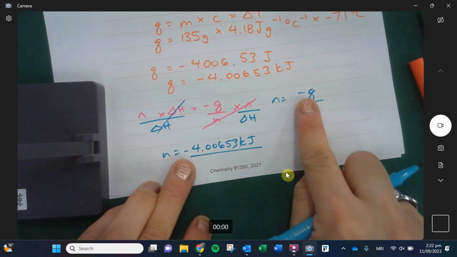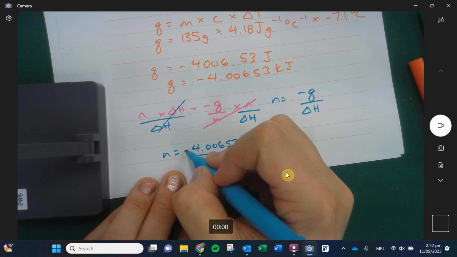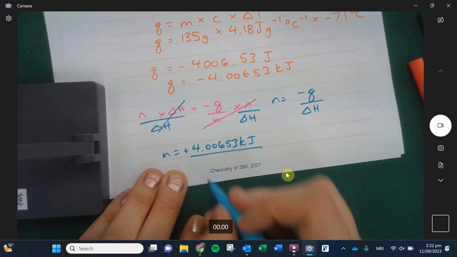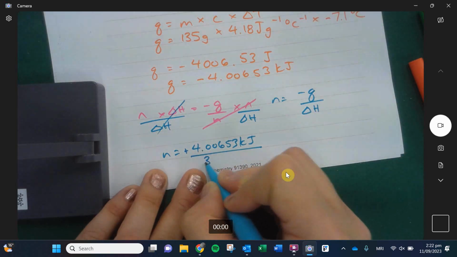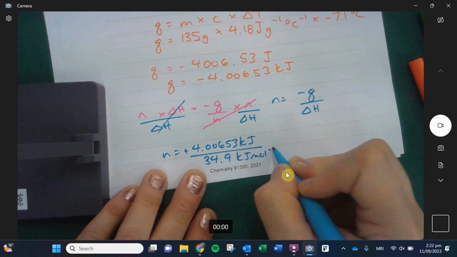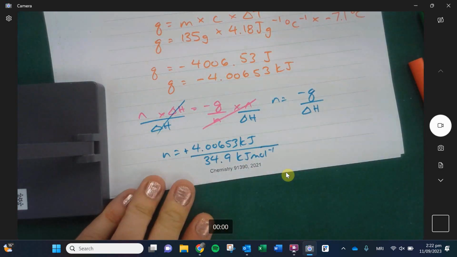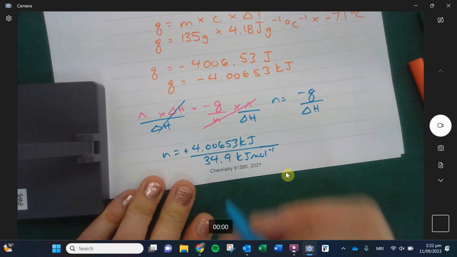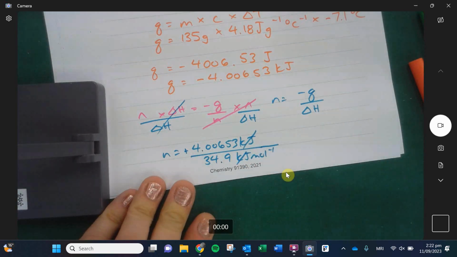And in fact, since that's negative Q and that was a negative number, this now becomes a positive. And that's divided by 34.9 kilojoules per mole. I like to write down the units because then it helps me double check that I've done everything correctly. Kilojoules and kilojoules cancel out, and I have per mole, which means I have mole again.